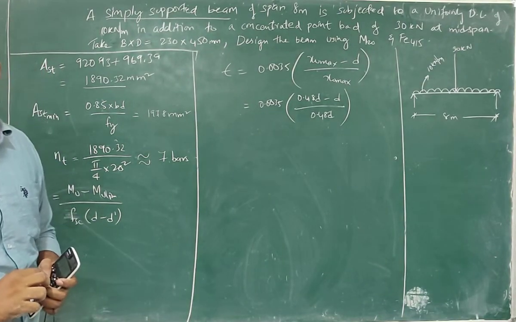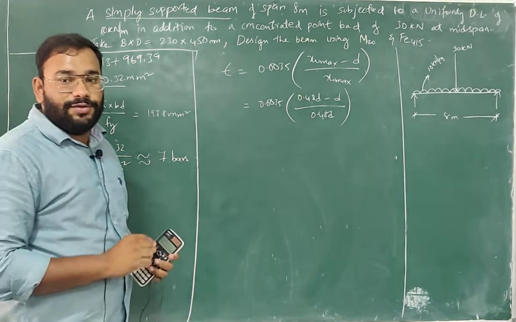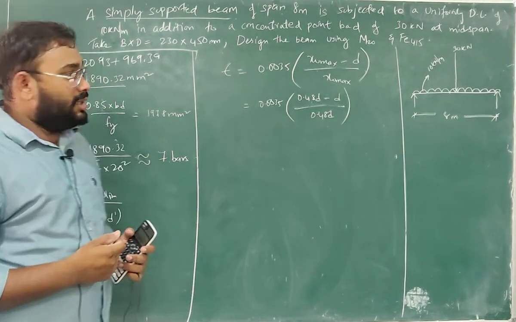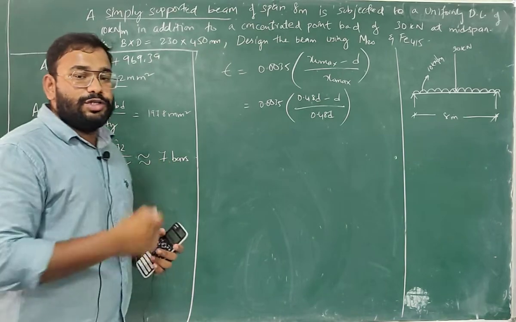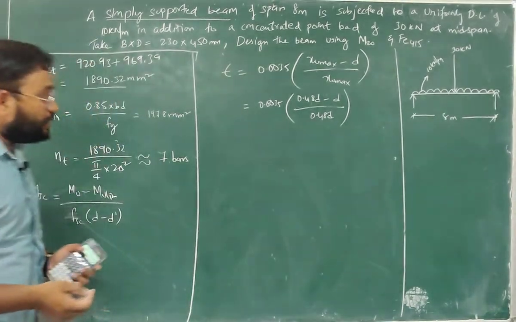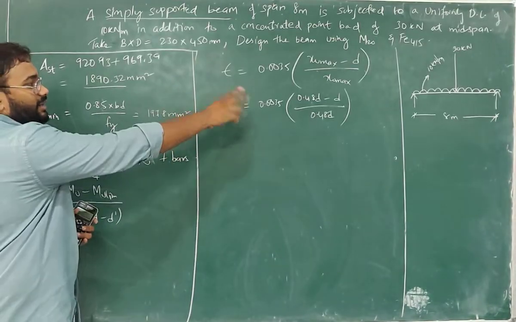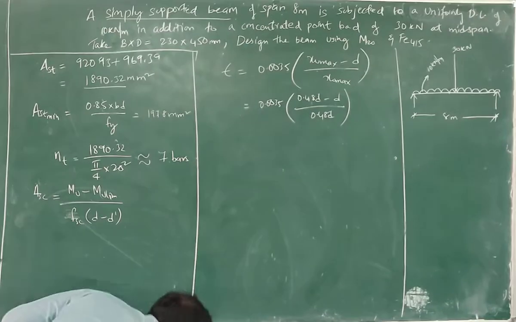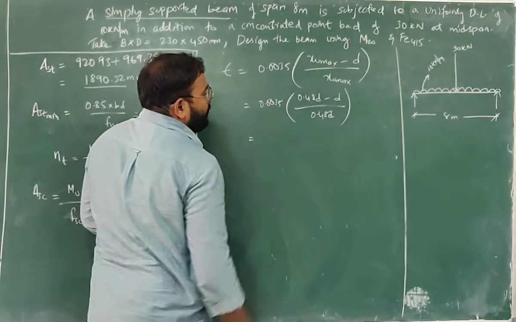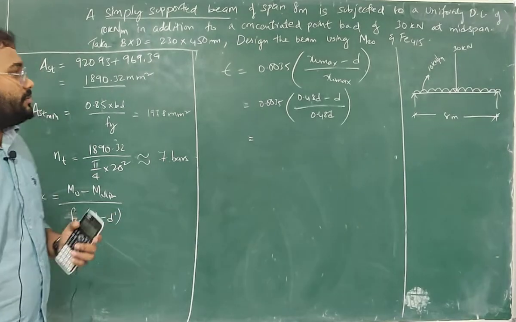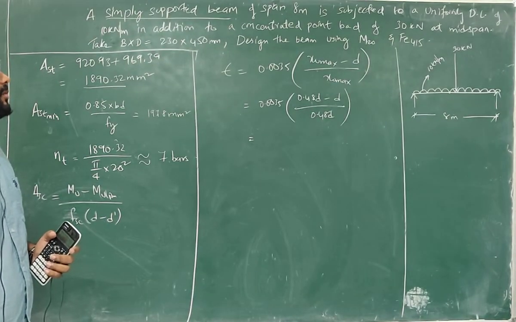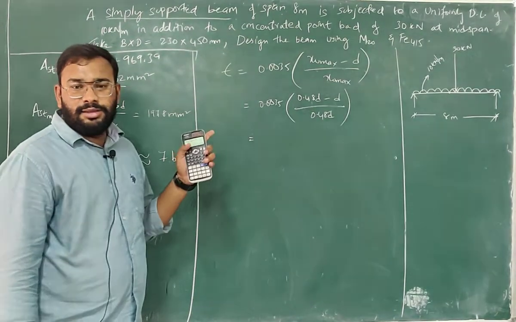You remember this value? For Fe 415 grade reinforcement, Xu max is equal to 0.48 d. Tell me what is strain from this one? 0.48. Formula is correct? Formula is correct?